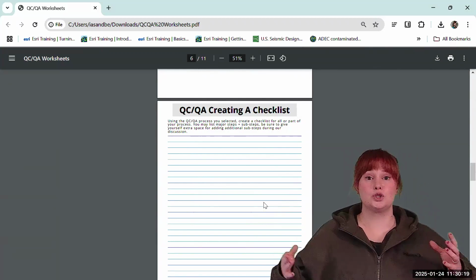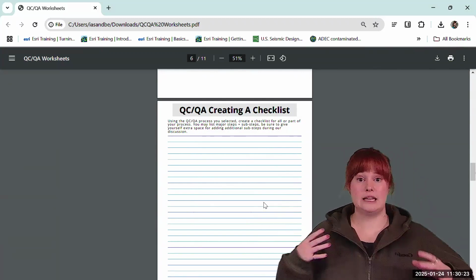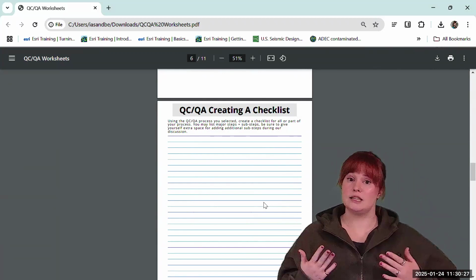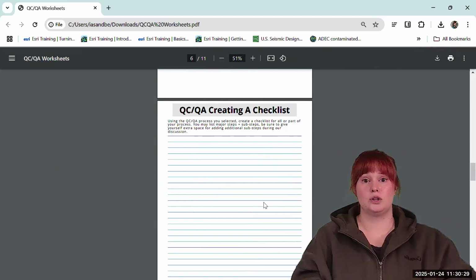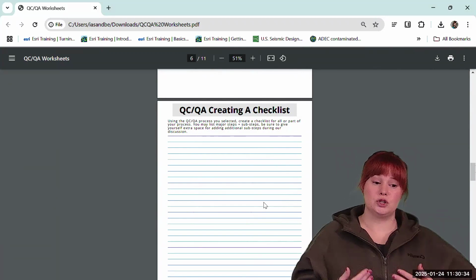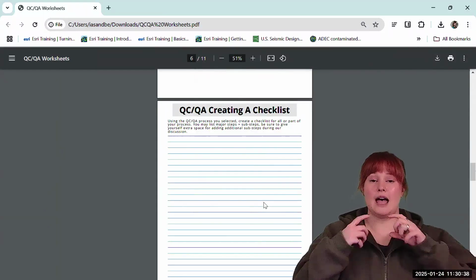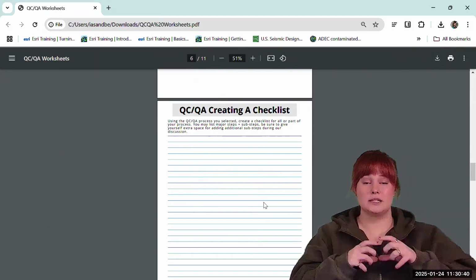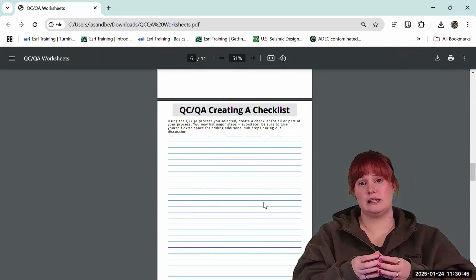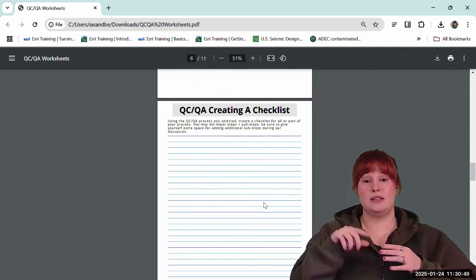Or if you have long stretches between doing final and draft calculations or plans, having some checklists to make sure that everything has been done in accordance with your QC QA policy can really be helpful. So thinking about that in terms of a checklist, going through whatever habit or process that you identified, hey, we need to improve this thing, try and make a checklist for what are the steps of that process, and maybe some sub steps.